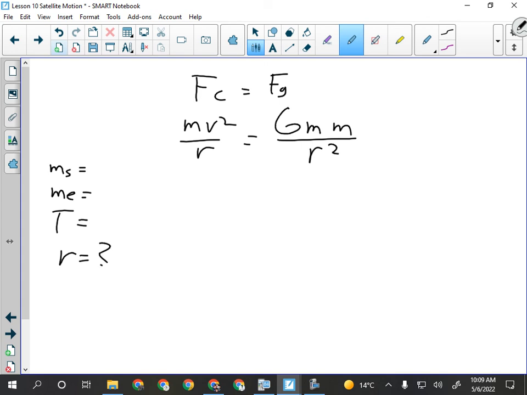So I would have this number, I would have this number, okay, these two are the same number, then I would have the mass of the orbital body. So there's the orbiting body and the orbited body. Okay, so the mass of the satellite actually cancels. I don't have V and I don't have R. So how do I solve for R? I don't seem to have enough information here.